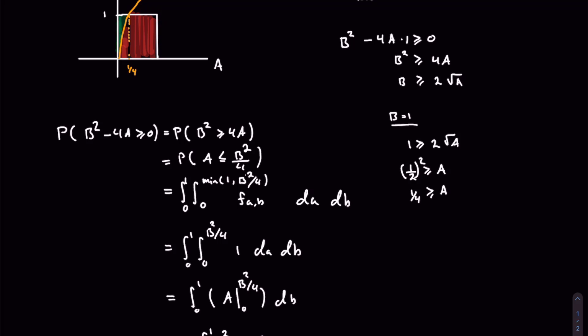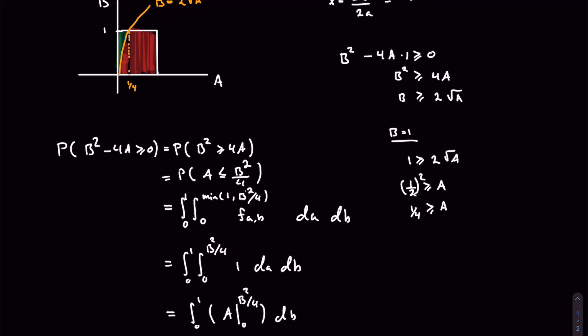And although it is a bit more work for this problem, I would like to do it just to show you how useful it is, and basically double check whether we get the same answer by integrating first over the B region here. So basically integrating in this direction here.